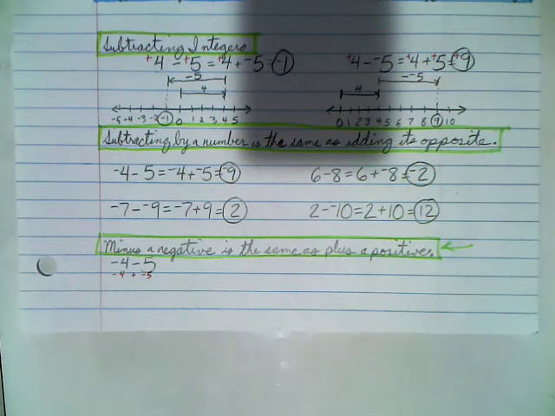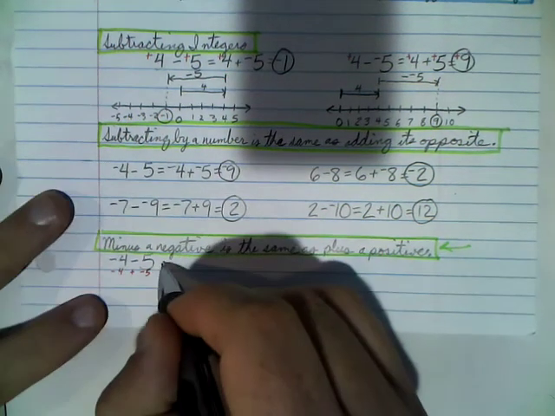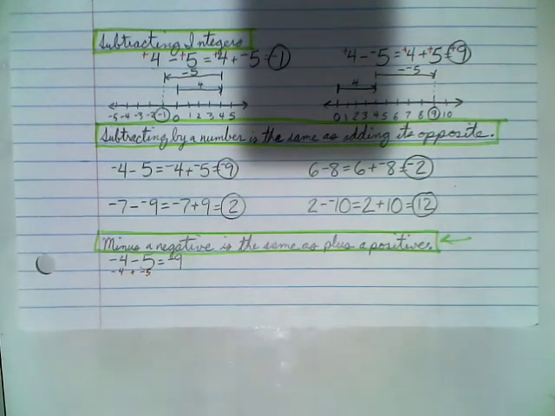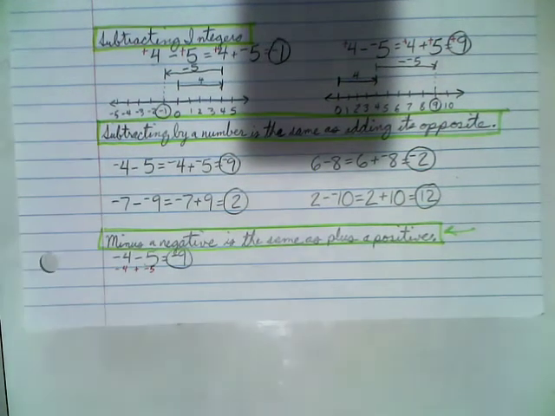And I don't usually write that, but I know it's a negative 4 plus a negative 5, and negative 4 plus negative 5 is, well, negative 9. If we think about our number line, you move 4 spaces to the left, and then you move 5 more spaces to the left, well, you're going to be 9 spaces to the left.